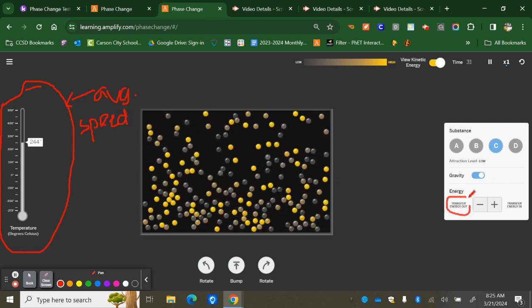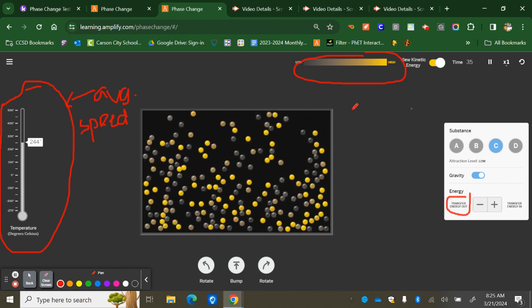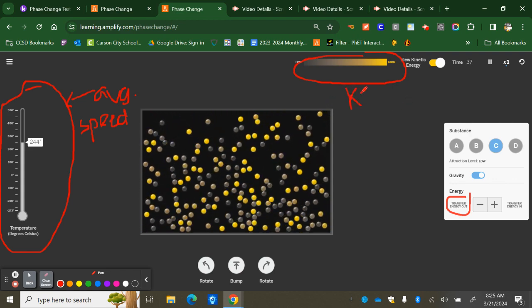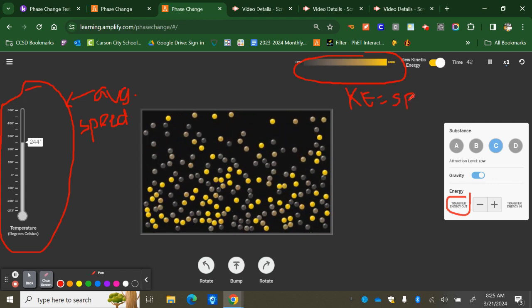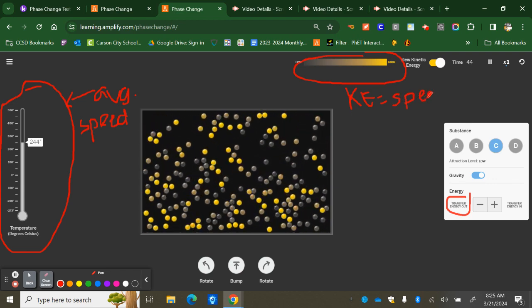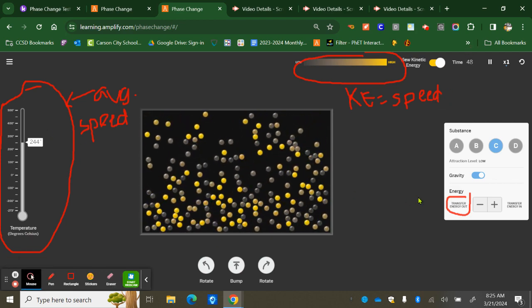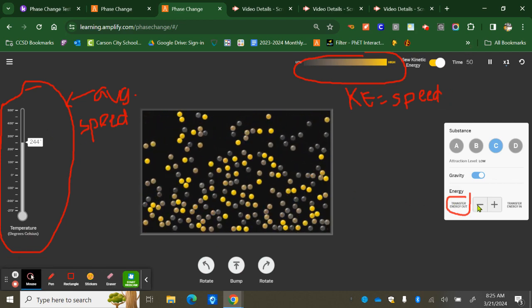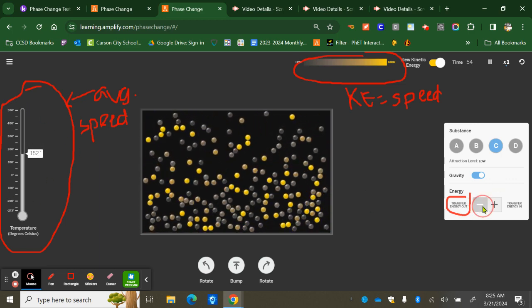I'm going to transfer energy out and pay attention to what's happening to the colors of our molecules, because remember, kinetic energy is also similar to speed. If I have more kinetic energy, I have more speed. If I have less kinetic energy, I have less speed. Looking at the sim again, as I transfer energy out, my temperature is decreasing.